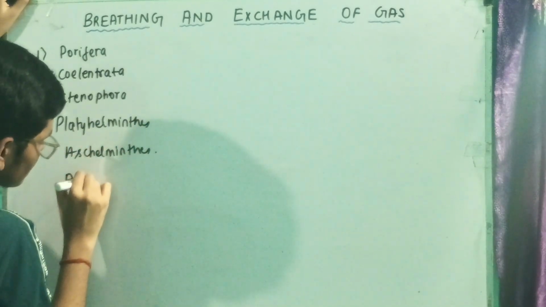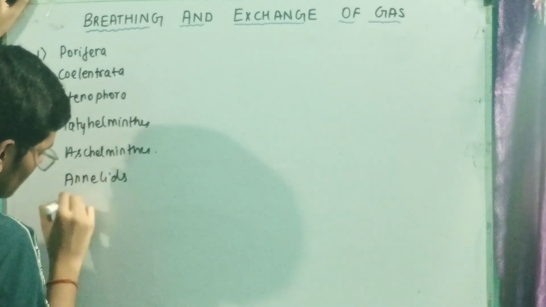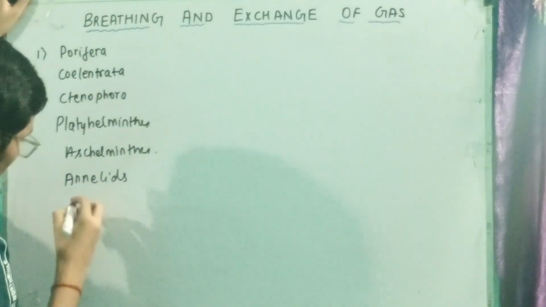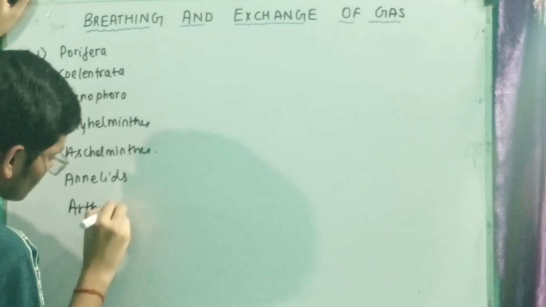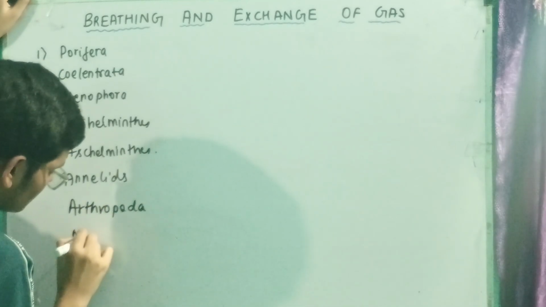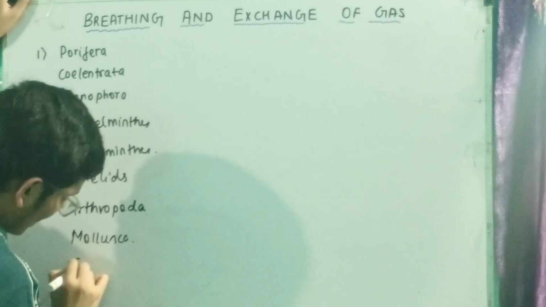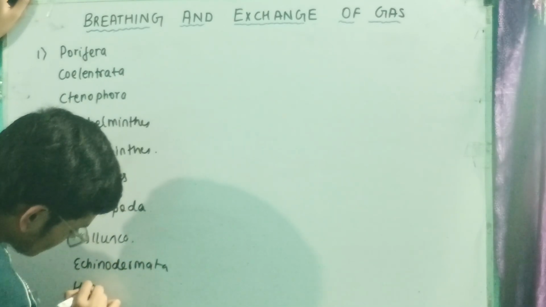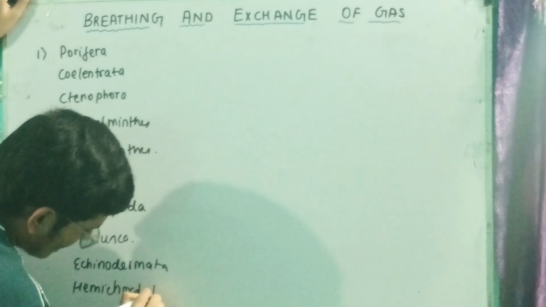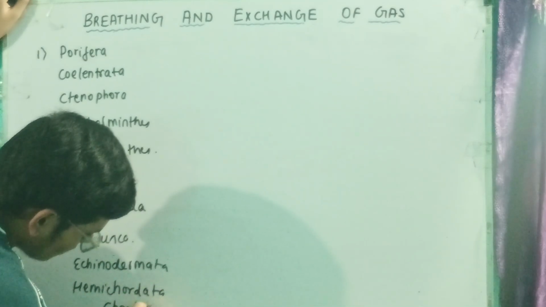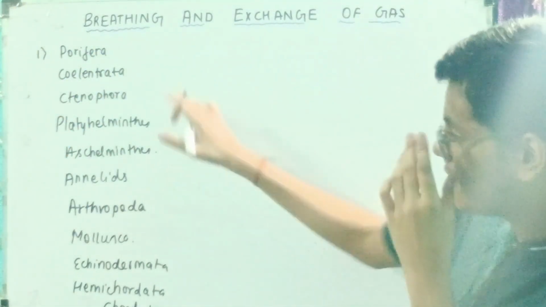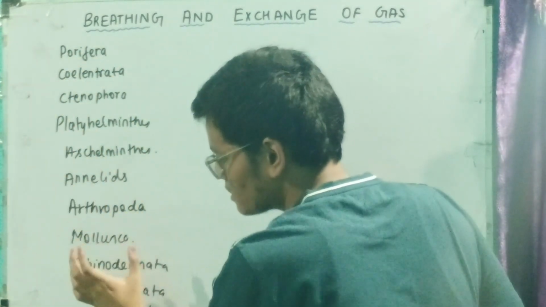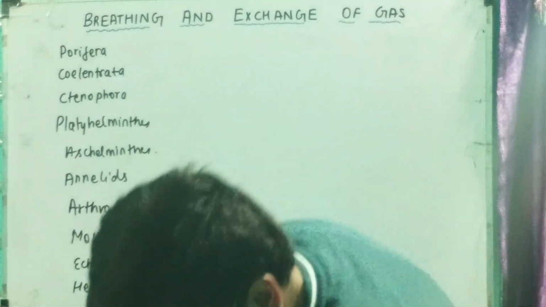Then we have Annelids, Arthropods. Then we have Mollusca, Echinodermata, Hemichordata, and Chordata. This is the list of 11 phyla: Porifera, Coelenterata, Ctenophora, Platyhelminthes, Aschelminthes, Annelids, Arthropods, Mollusks, Echinodermata, Hemichordata, and Chordata.